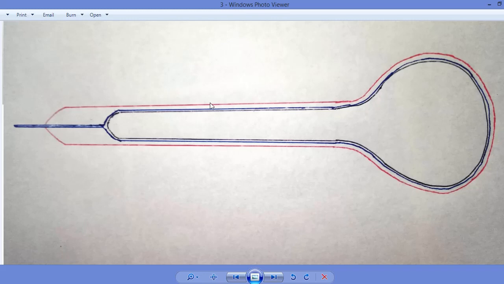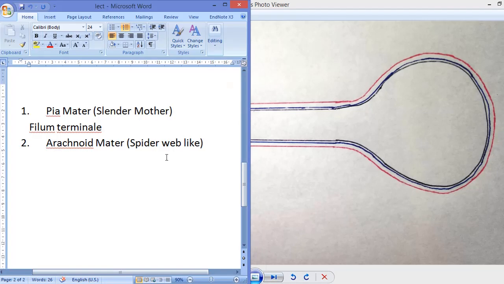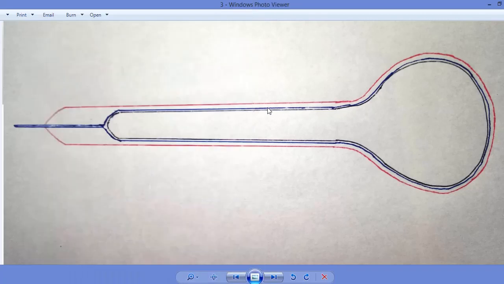And in between the arachnoid mater and pia mater, there is a big space. This space is called the subarachnoid space. The subarachnoid space is very important because in the subarachnoid space 150 ml of the cerebrospinal fluid exists.